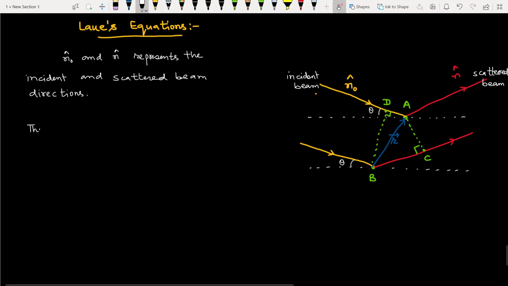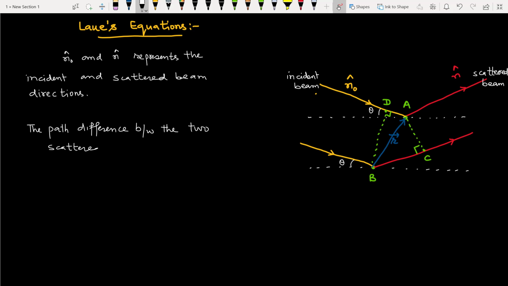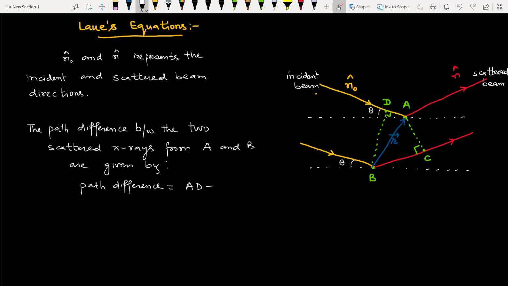The path difference between the two scattered rays from A and B is given by AD minus BC.